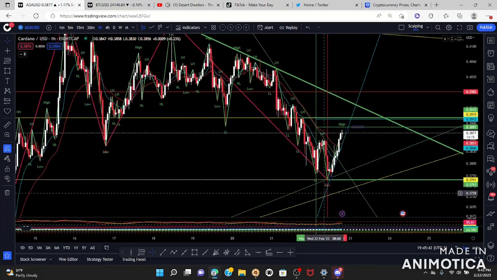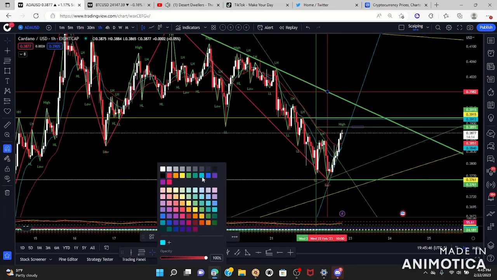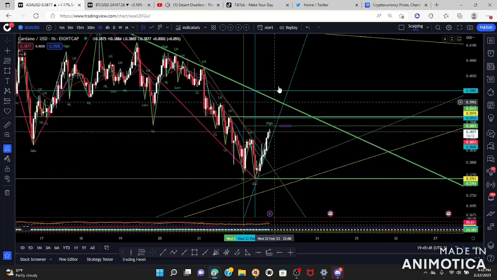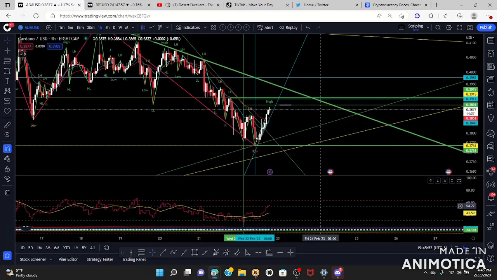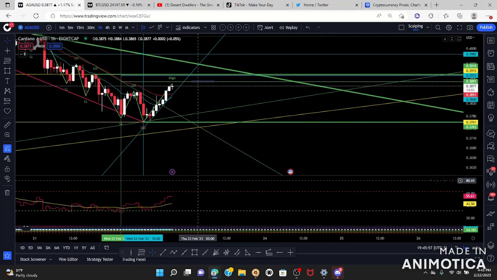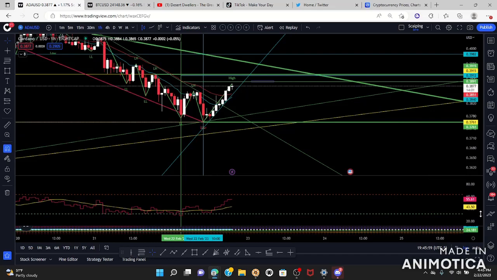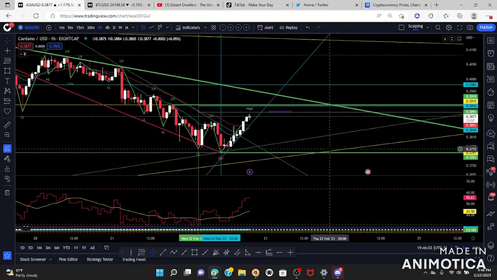So let's mark it in blue. But this continues up, and remember, within each up movement there's going to be some consolidation, some retracement, so just keep that in mind. We could hit our 4-hour target and just roll over.